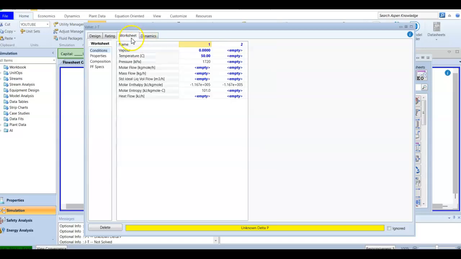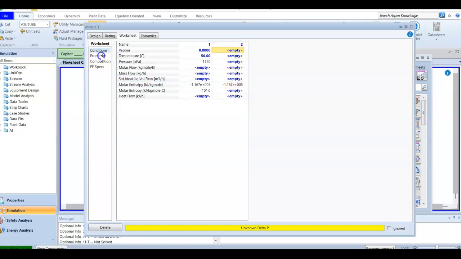For the worksheet, this is really important. The worksheet is where the data are gathered. So here we have the conditions. We have already made this one an inlet, and we have defined the temperature before. Here we haven't added any other information.